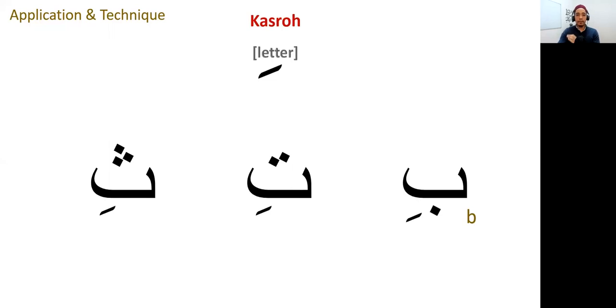So if the letter ba has a b sound, we add the i, so b and i, bi, right? Ta has a t sound, so the t and i, ti. Same with the tha, right? The th and the i becomes thi.